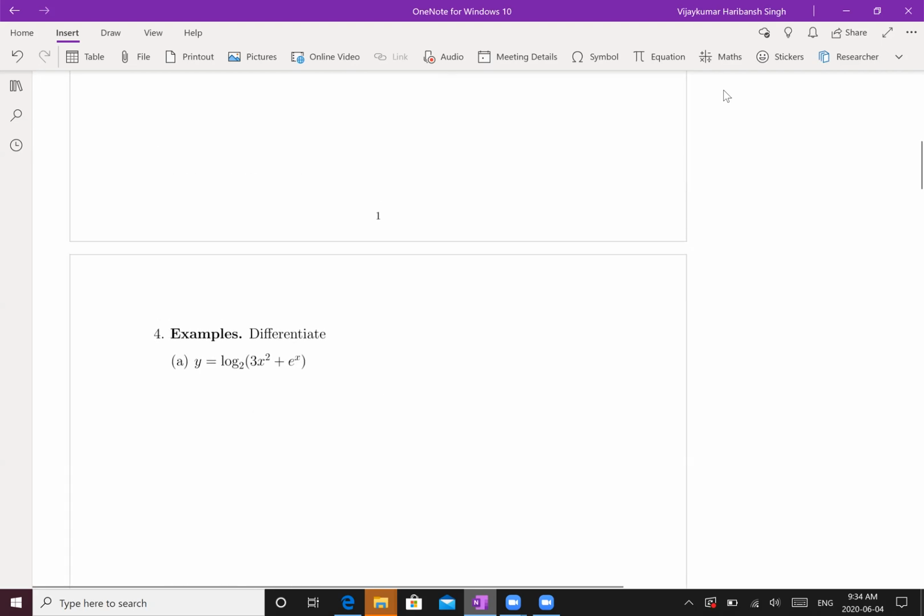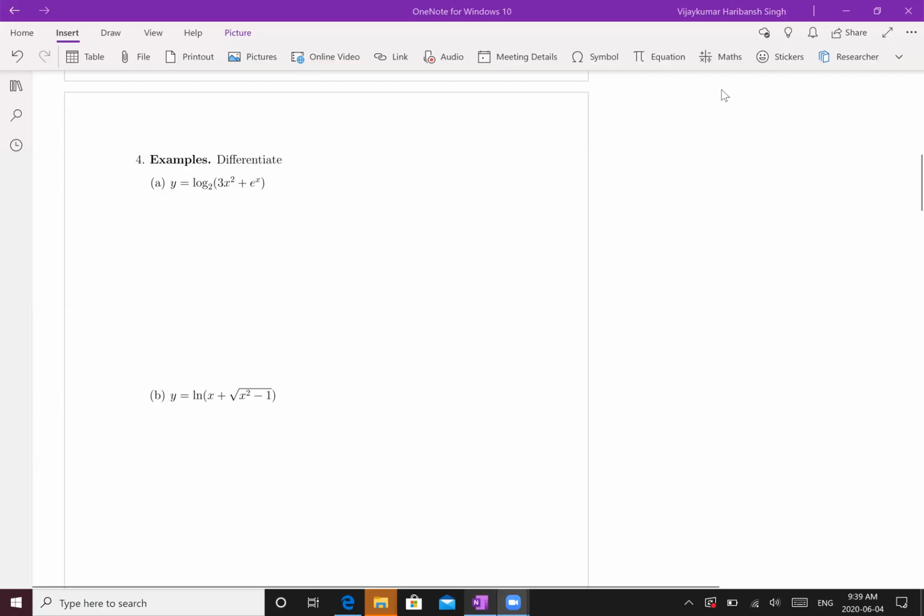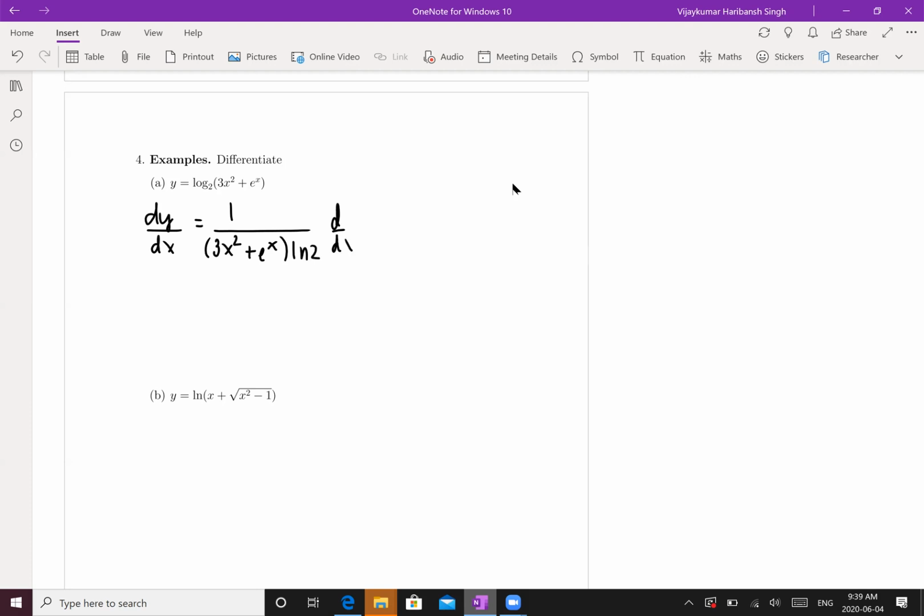So now let's use that, and with the chain rule, try to find the derivative in these cases. So can you go ahead and do this problem, please? So here we have to employ the chain rule. We get dy by dx is going to be 1 by (3x squared plus e to the x) times ln 2 multiplied by the derivative of the inside, which is 3x squared plus e to the power x.